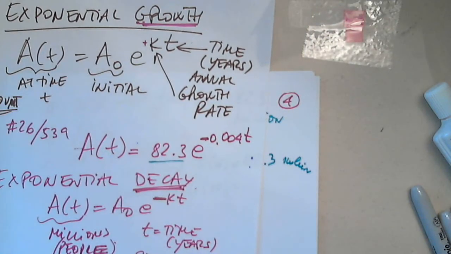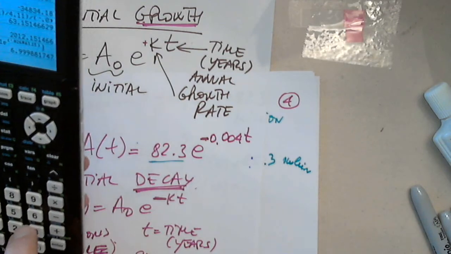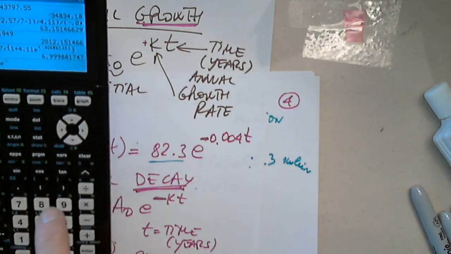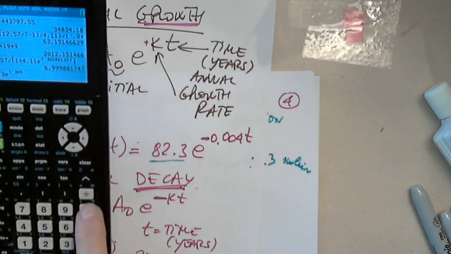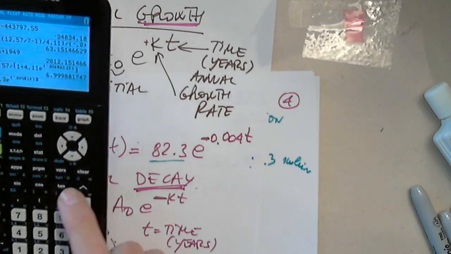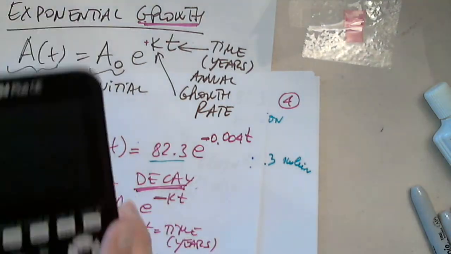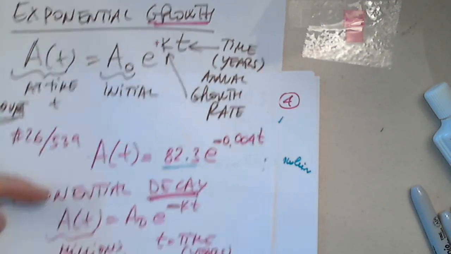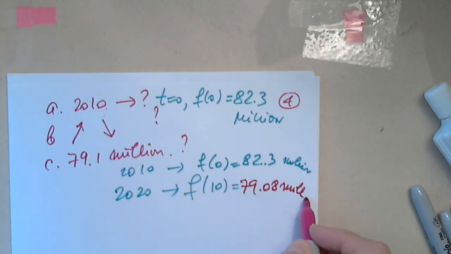So let's plug it in. I have 82.3 times e to the negative 0.004 times 10, and press enter. And I got 79.07. So this is 79.07 million.